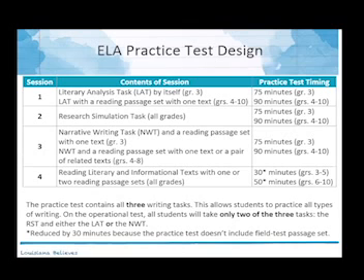It also includes a field test passage set, which the practice test does not. None of the practice tests have field test questions. So we are recommending that for that session, you reduce the time by 30 minutes. Instead of an hour for grades 3 through 5, give them 30 minutes, if you want an accurate picture of whether students are getting through it in the time allotted.